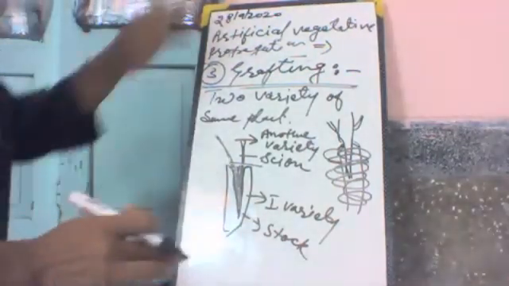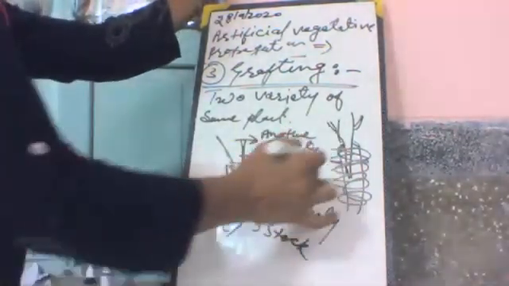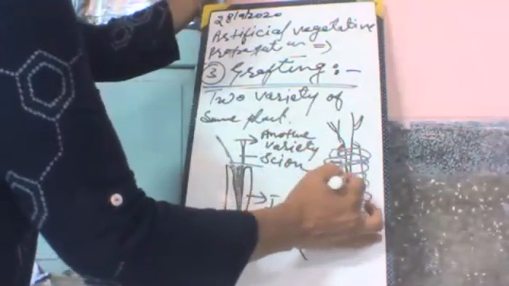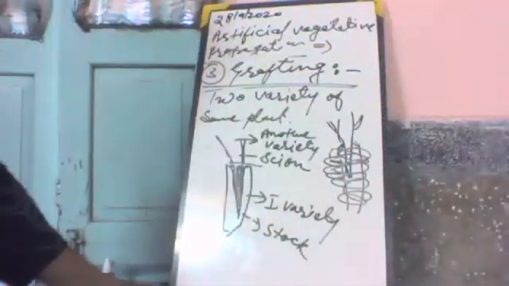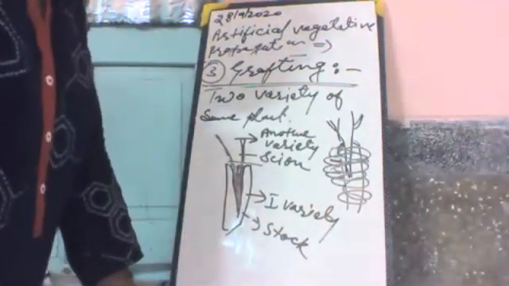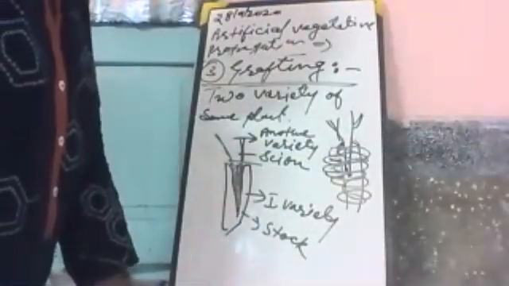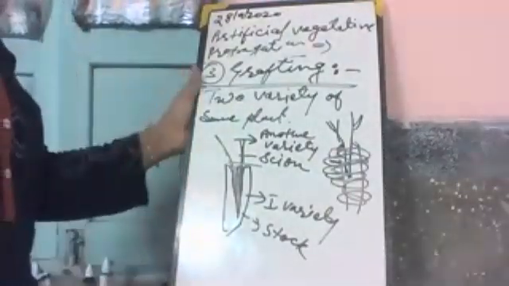bacterial infection. Put some wax cover so that no dehydration, no transpiration will take place here, and it is protected from the bacterial infection also. After a few days, new cells develop and new plants grow.